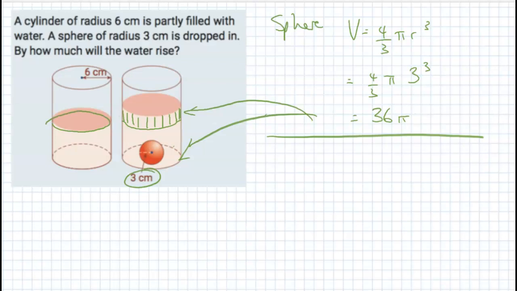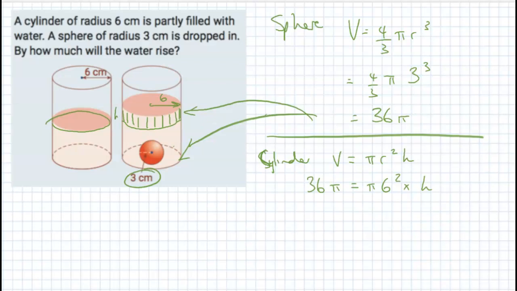And so this cylinder, if we think about it, the volume is pi r squared h. We know the radius, it's 6. So again, careful not to mix up which one is your radius. So in this case, it's 6 squared. What we don't know is the height, this height up the side. So we know that 36 pi, which is the volume of the sphere, is the same as the volume of this little cylinder of water that's risen and has been displaced by the sphere.